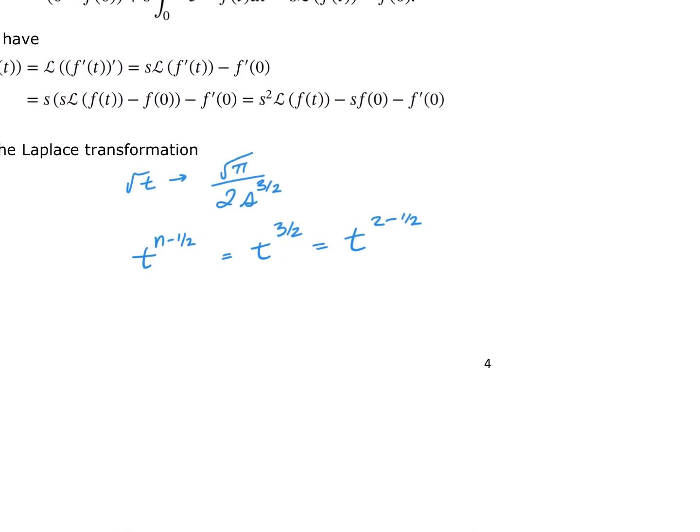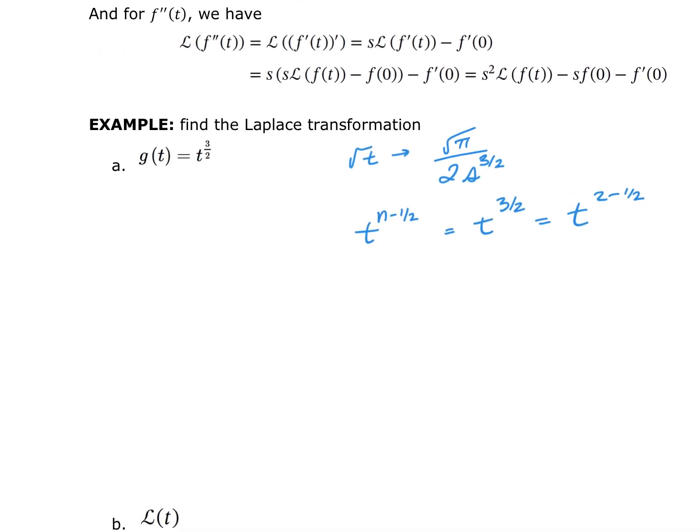I have another formula in my table at the end of these notes. t to the n minus 1/2 has the Laplace transform 2n minus 1 multiplied by the square root of pi, over 2 to the n, s to the n plus 1/2. My n to get 3/2 must have been 2.